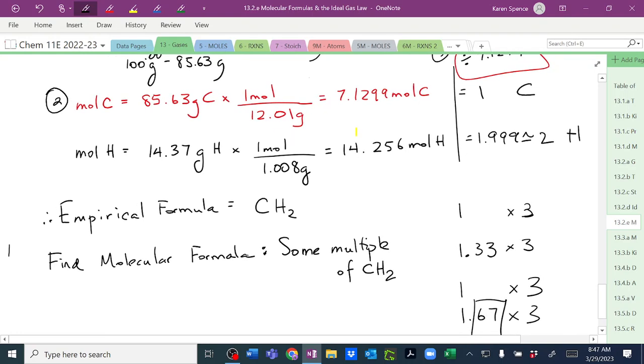How can we do that? Does anyone remember? How can we find out how many times bigger the molecular formula is than the empirical formula? You don't have to tell me from the numbers that we have, just in general.